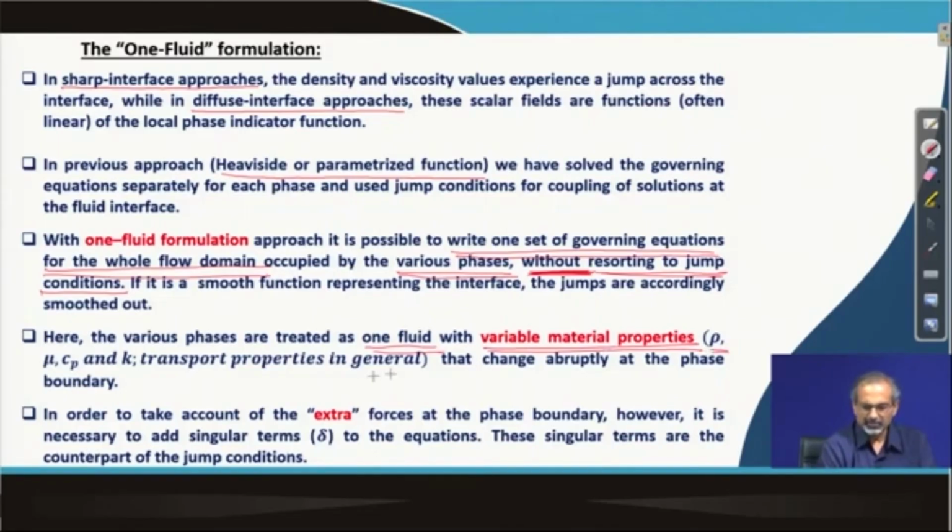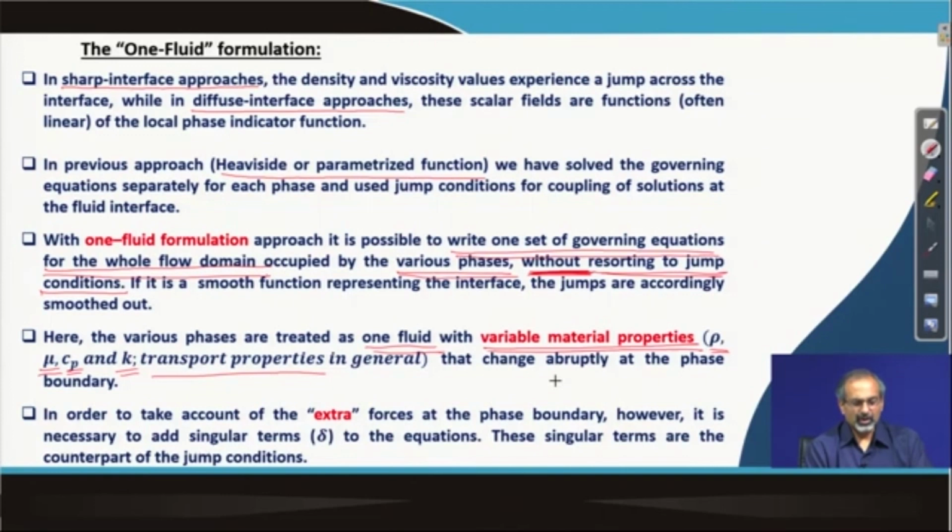These material properties could be density, viscosity, specific heat, thermal conductivity and other transport properties in general, which can change abruptly at the phase boundary. But for all practical purposes, the abrupt change here basically means a kind of smoothed out change as far as the computational implementation is concerned.